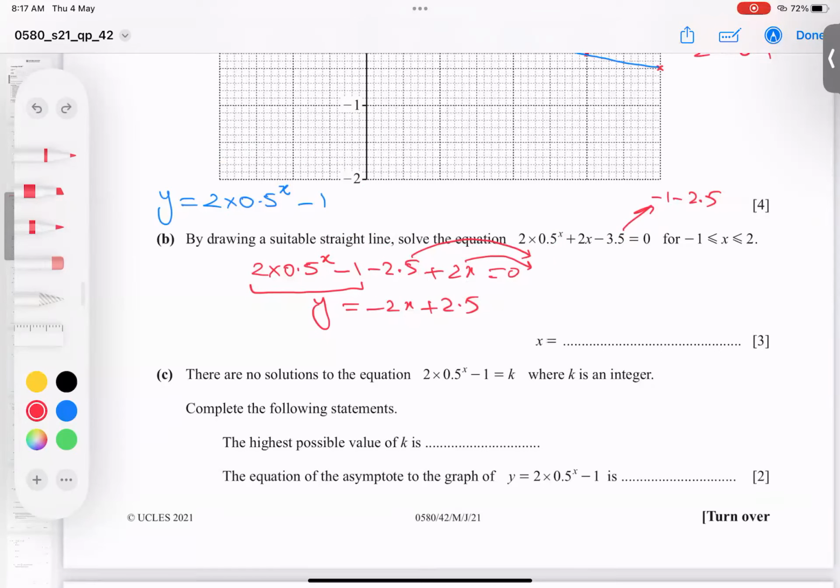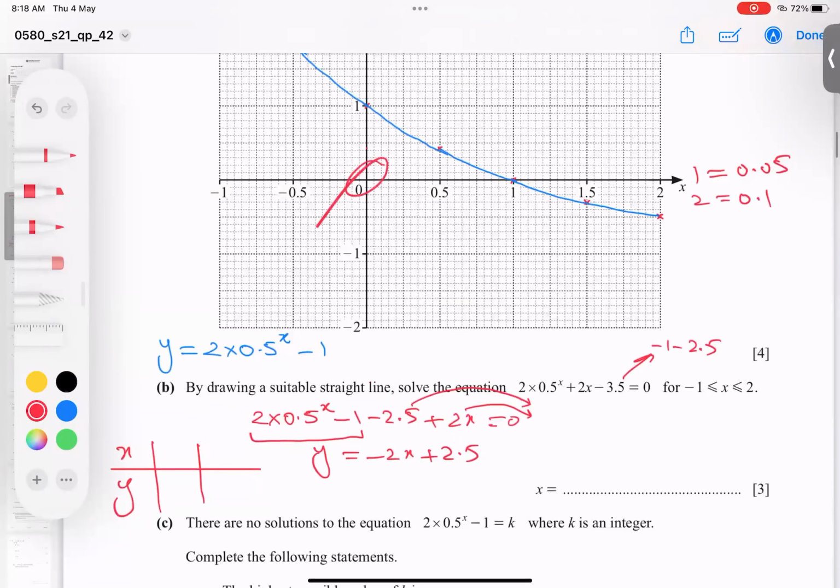Now, whenever we have a straight line, take a table of two numbers. The ideal value is 0, x comes from here. And any other number, you can take 2, 1, or -1, but 0 is confirmed. I'm taking 2.